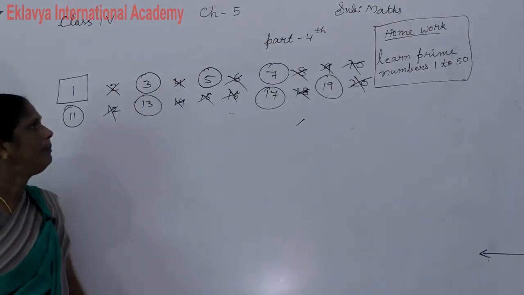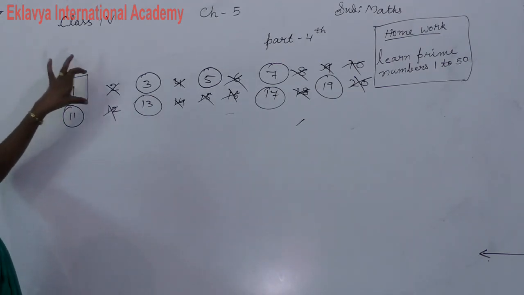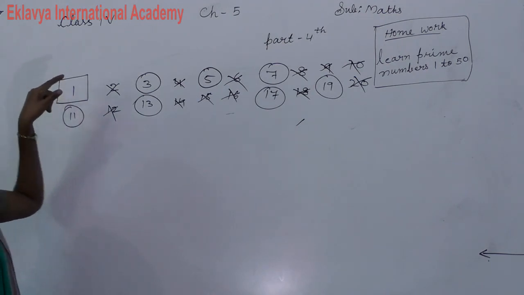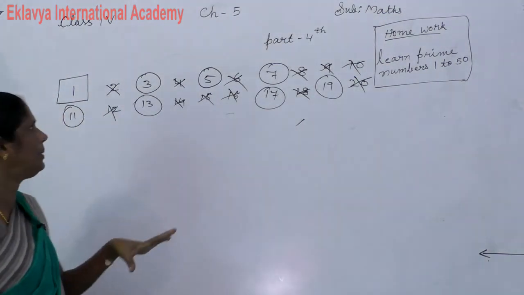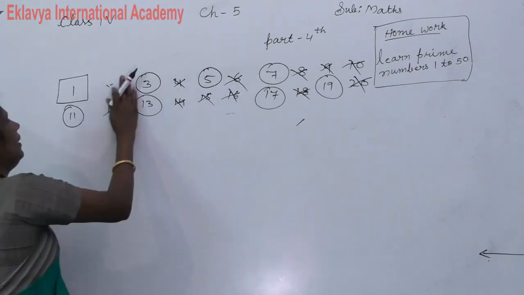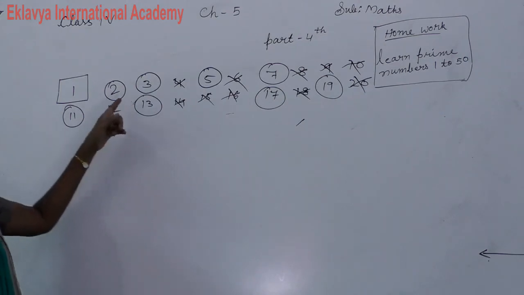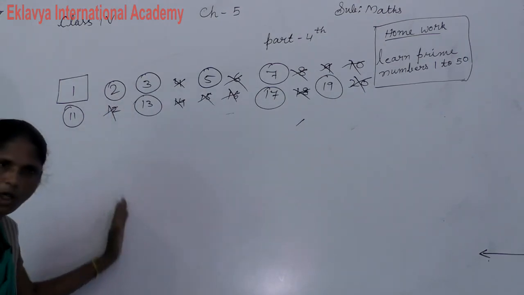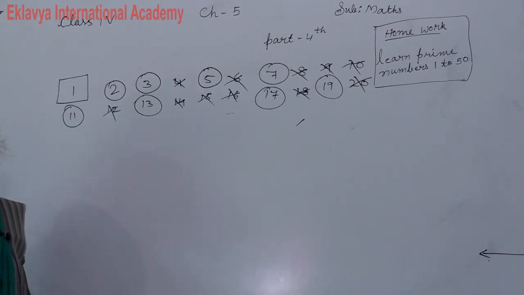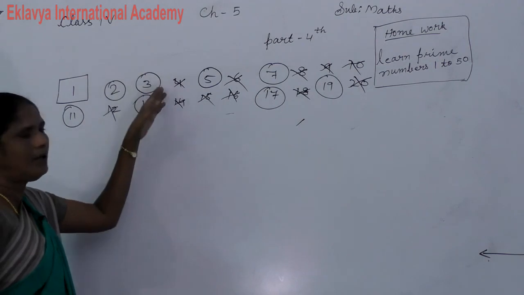Understand? Once again, first you square the 1. This is neither a prime nor a composite number. Then you circle the 2. Then cut the table of 2. Second, you circle the 3.